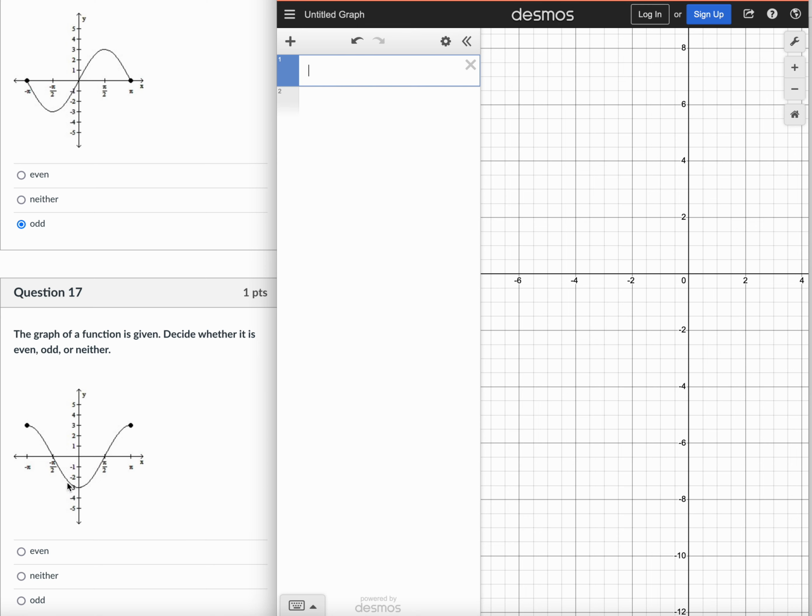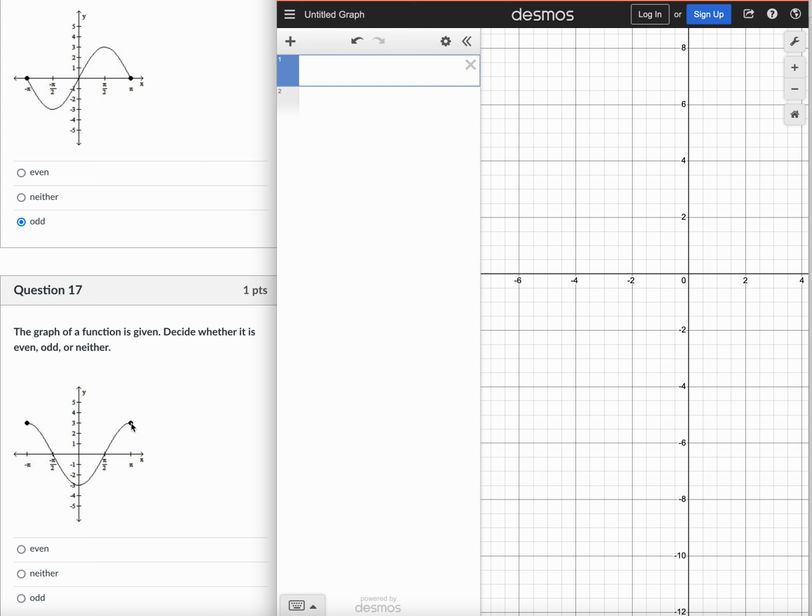But you can see the graph is symmetric with respect to the y-axis. That means one part of the graph is the mirror image of the other, if we view the y-axis as a mirror.